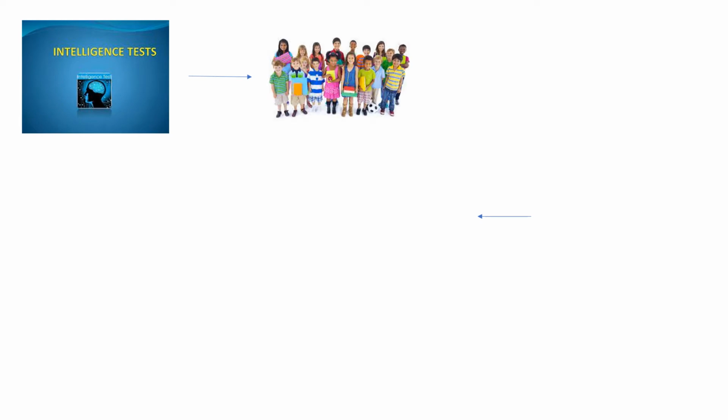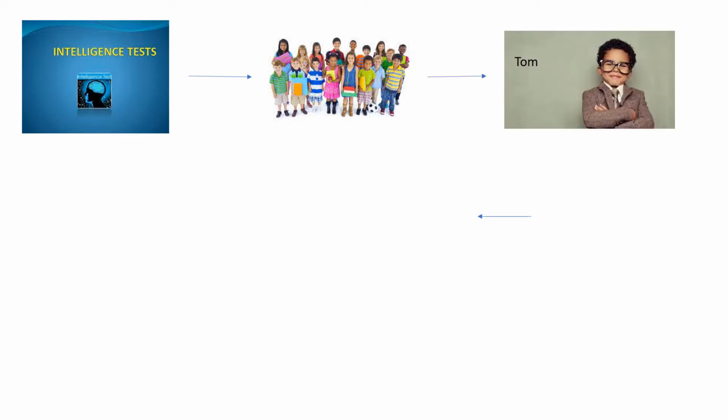Suppose you administer an intelligence test to a group of children, and let's say that one of those children is Tom. Tom ends up with an IQ score of 112.